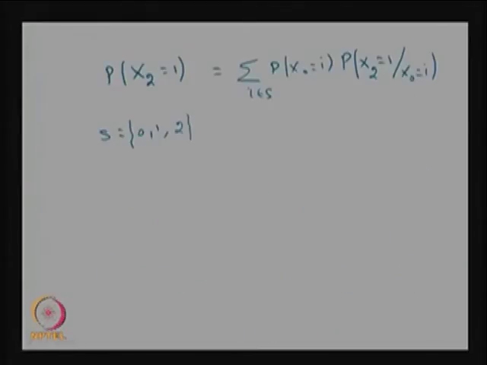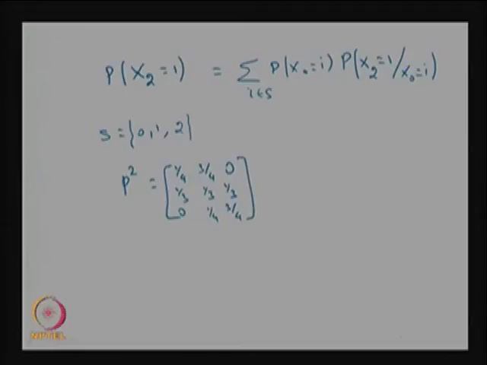Using this, you need the two step transition probability, which means you need to find P squared. P squared will give the two step transition probability matrix. The P is provided to you. So, P is 1/4, 3/4 and 0, 1/3, 1/3, 1/3, 0, 1/4, 3/4.